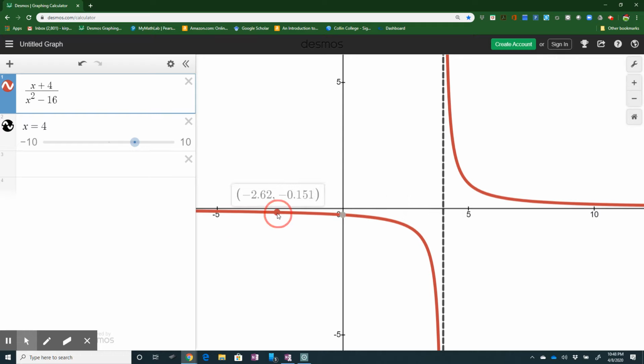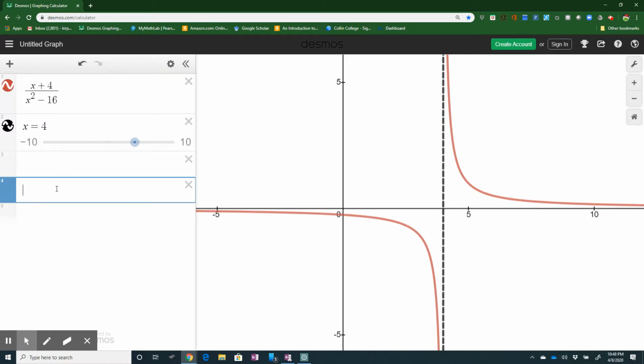But it turns out if you go slowly, oh, there it is, undefined. There is nothing there. So even though it's simplified and it went away in the final answer, it's still not there, but it's not a vertical asymptote.